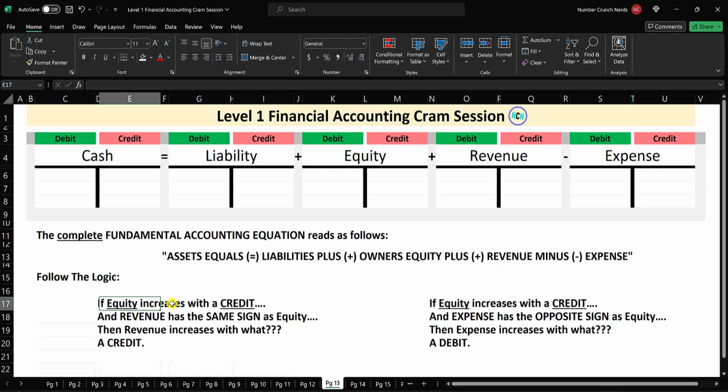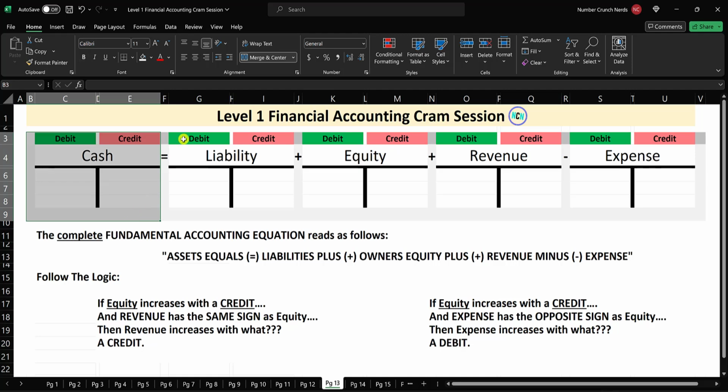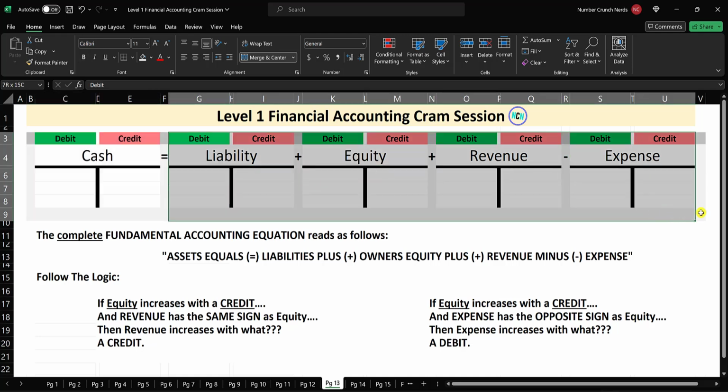If equity increases with a credit and revenue has the same sign as equity, let's stop for a minute. Let's go up to the fundamental accounting equation. This is our asset side. There's the equal sign, so everything else is on the other side of the equation. Assets is on one side, right here. Everything else is on the other side, okay?